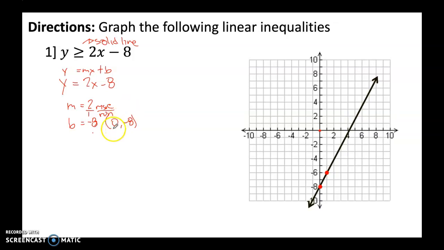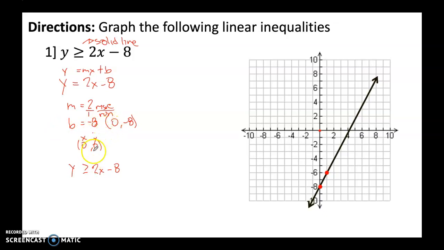So our ordered pair is (0, 0), or the point of origin. We use our given y is greater than or equal to 2x minus 8, where the value of x is 0 and the value of y is 0.